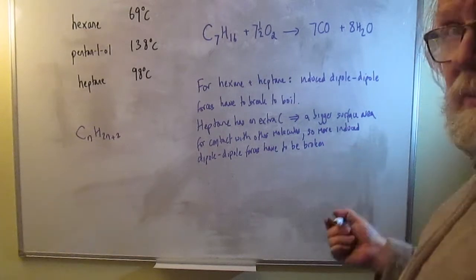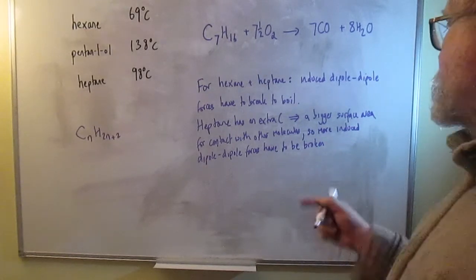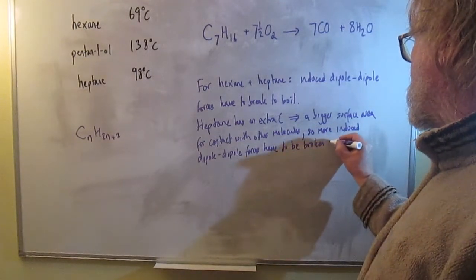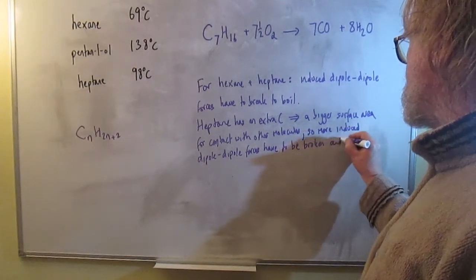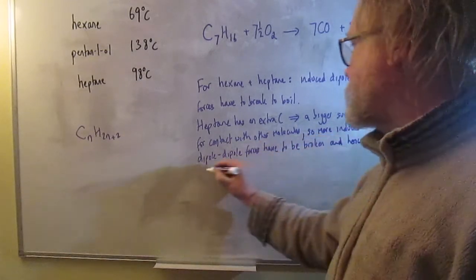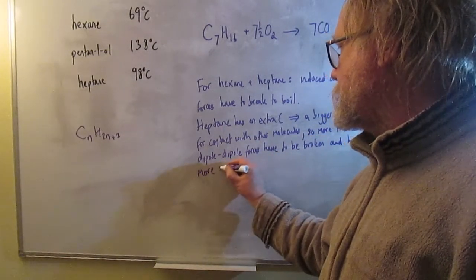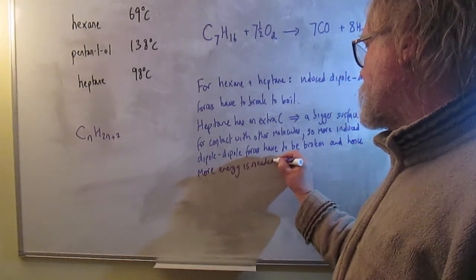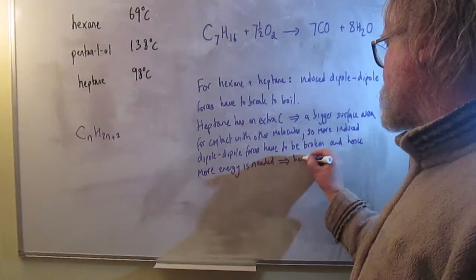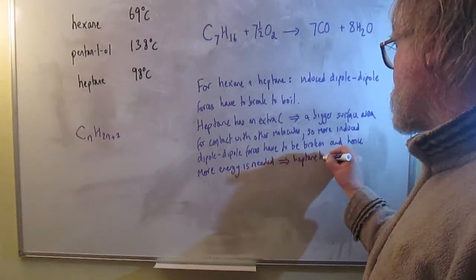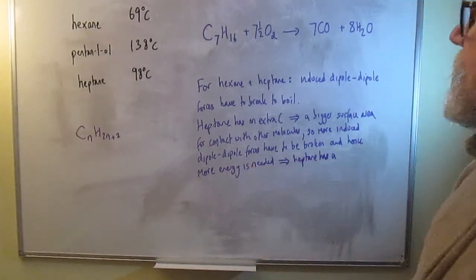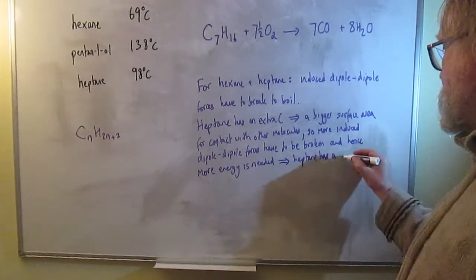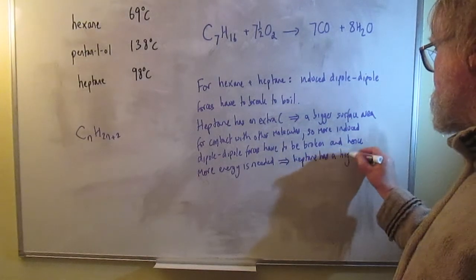And that's what you need to talk about explicitly, so you have to talk about energy. So more induced dipole-dipole forces have to be broken, and hence more energy is needed. And that's why heptane has a higher boiling point. Okay, so that's the standard kind of discussion for hydrocarbons.